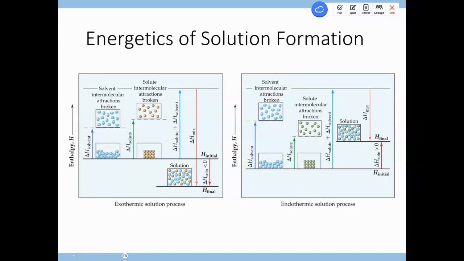You can also have an endothermic process, which remember requires energy, where the energy released in creating the mixture is less than the energy required to break those initial interactions. And so this process requires energy. The delta H is greater than 0. An example of an endothermic solution process is those ice packs, where the ice pack is like a plastic bag containing another bag within it.